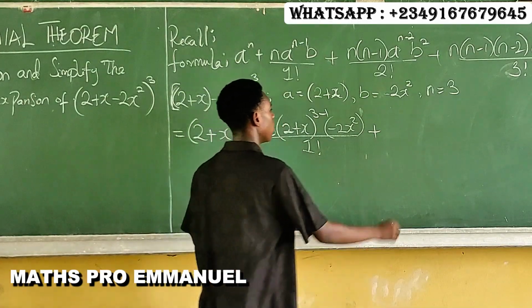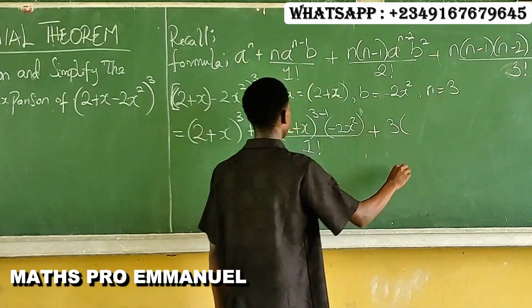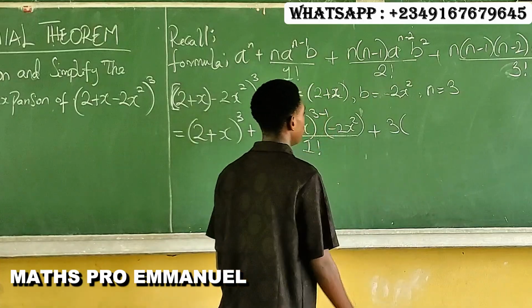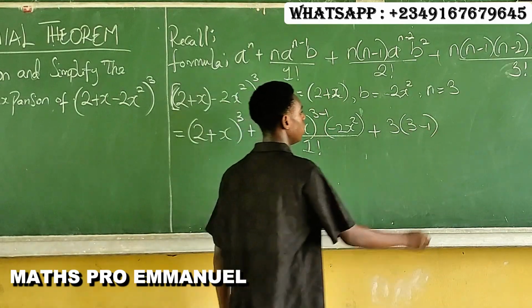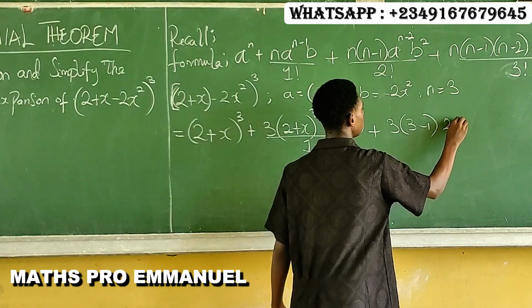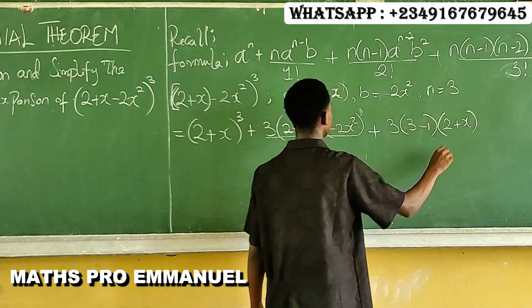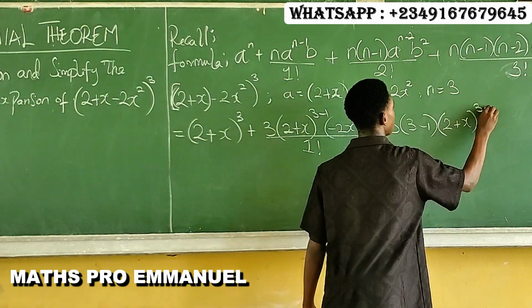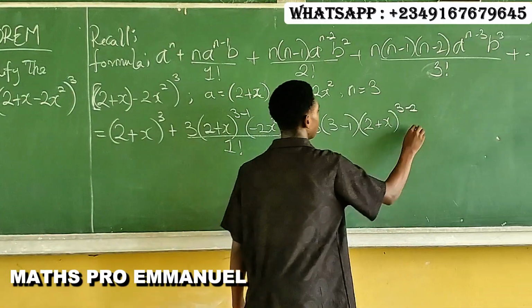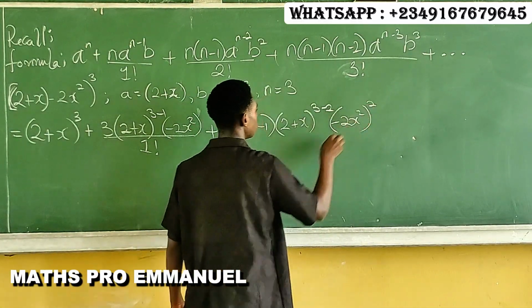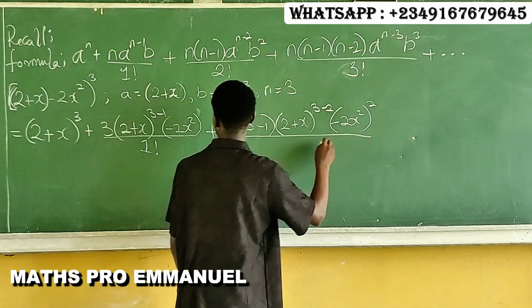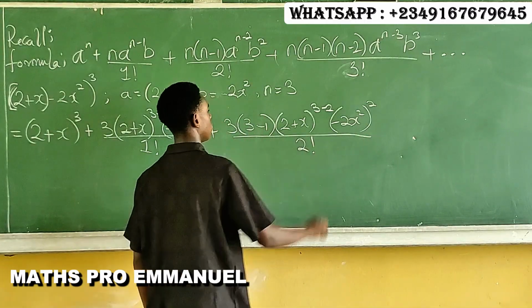Plus the next one, I'll have n, which is 3, multiplied by n - 1, that is 3 - 1, then a, that is 2 + x, raised to the power of 3 - 2. Then b as -2x² raised to the power of 2, divided by 2 factorial.